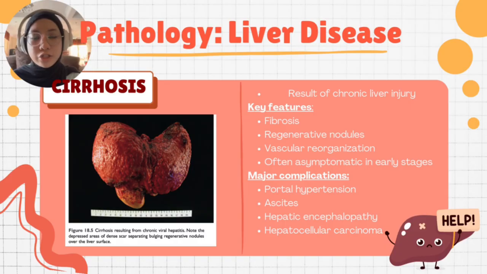As liver architecture is destroyed, complications such as portal hypertension, ascites, hepatic encephalopathy, and also hepatocellular carcinoma may occur, and this highlights the importance of early detection and prevention of chronic liver disease.